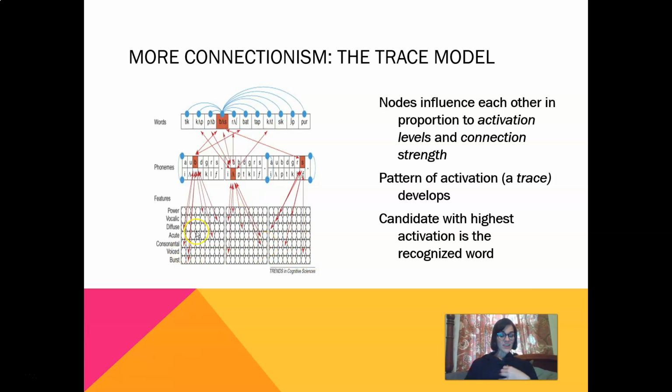Additionally, as you are actually hearing this speech, activation is being sent from the features to the phonemes to the words. So a pattern of activation or a trace develops, and the candidate with the highest activation then becomes the recognized word. And notice too that this activation does spread.